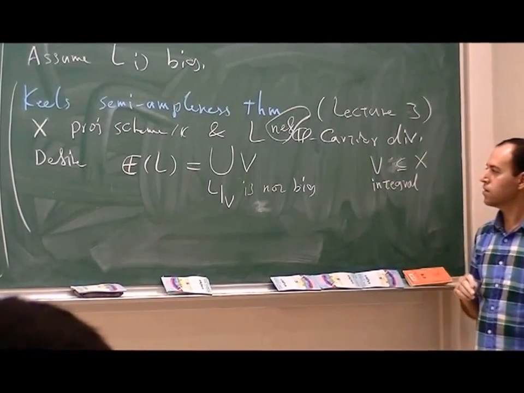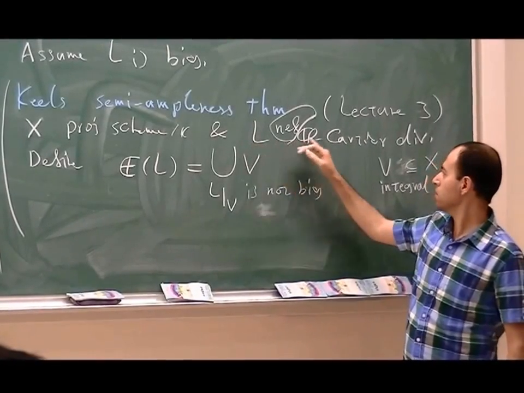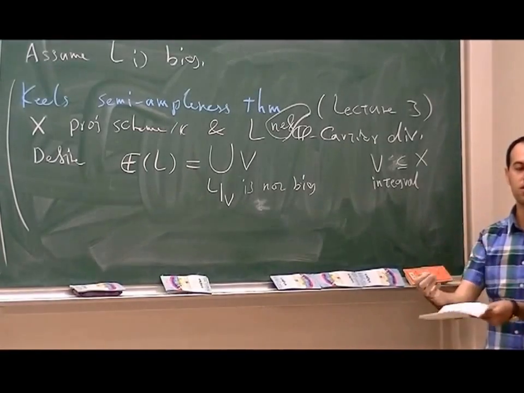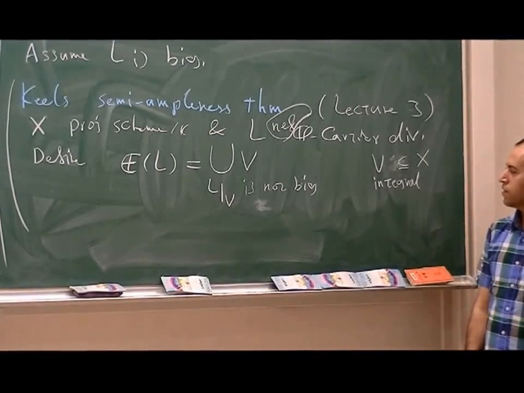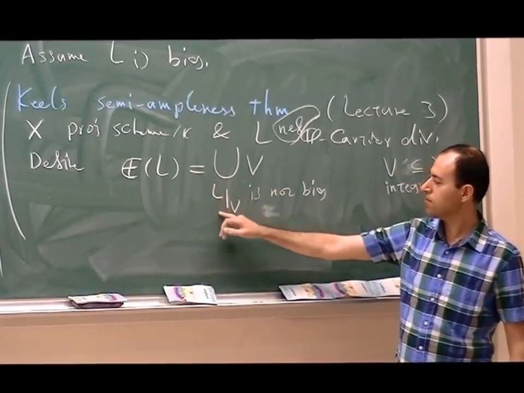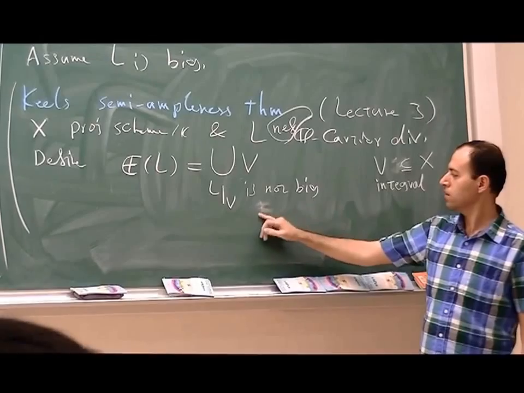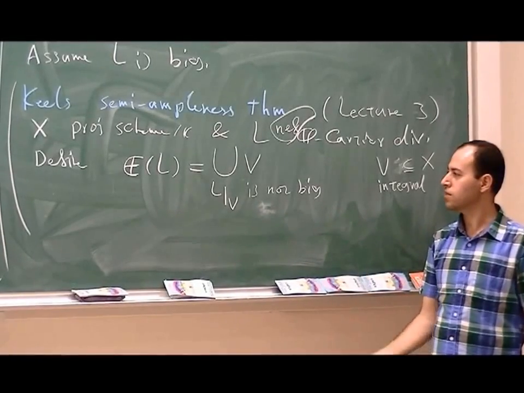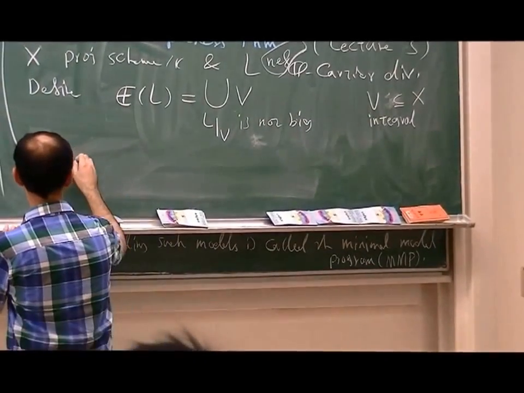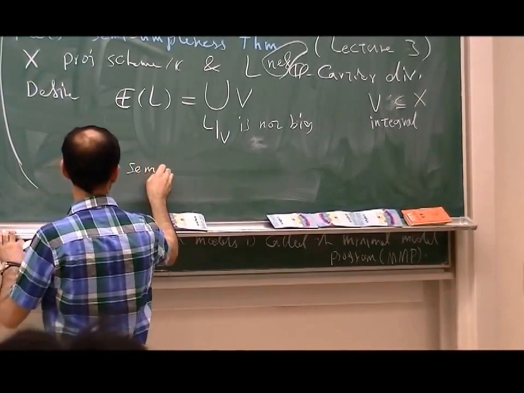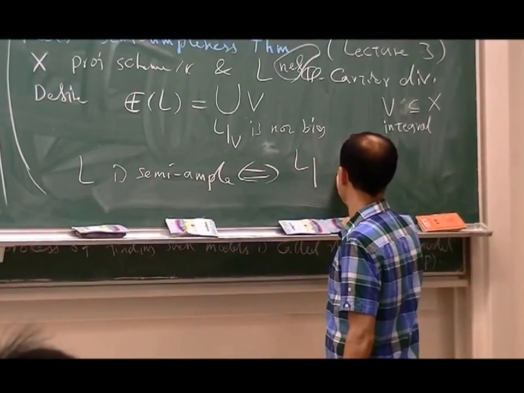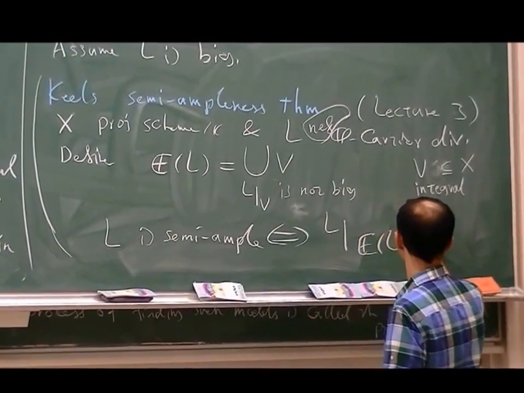Otherwise, you cannot formulate it in this way. So L is a Q-Cartier or just Cartier divisor. It is nef. Nef again means this positivity: intersection with every curve is non-negative. So I look at all integral subschemes V such that the restriction of L to V is not a big Q-Cartier divisor. Then the statement of the theorem is that this L is semi-ample if and only if L restricted to this exceptional set is semi-ample.